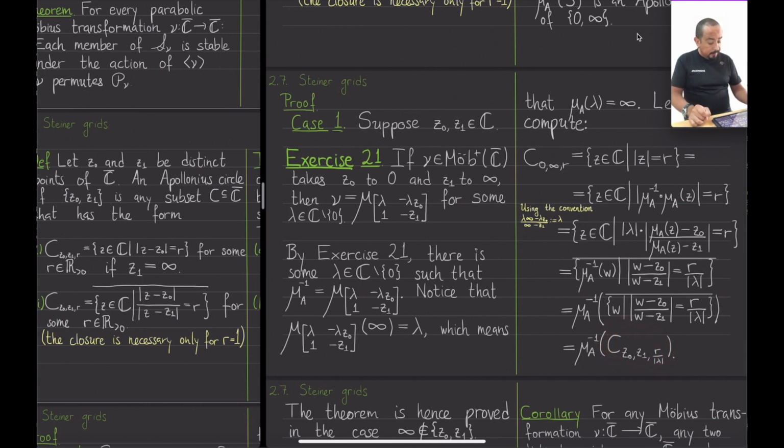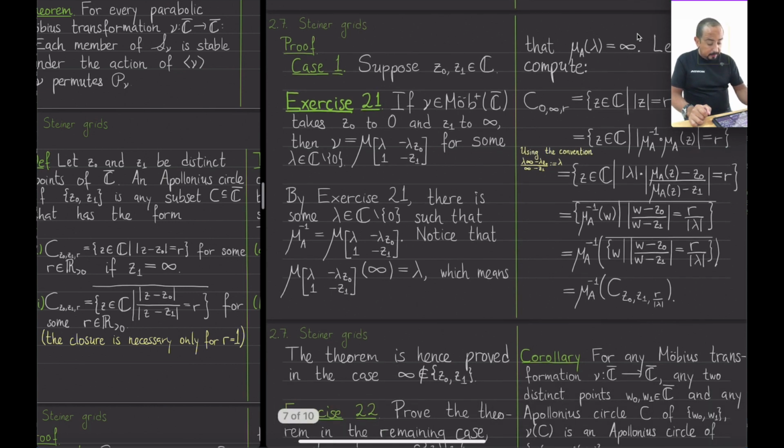So mu A takes this Apollonius circle in one-to-one correspondence to this Apollonius circle, and mu A inverse conversely. So this proves the theorem in the case where both of them are finite.